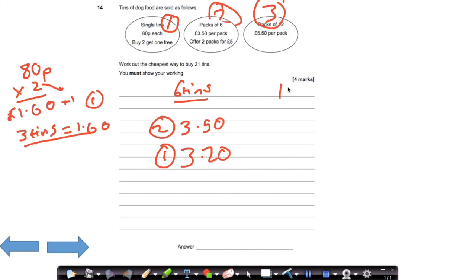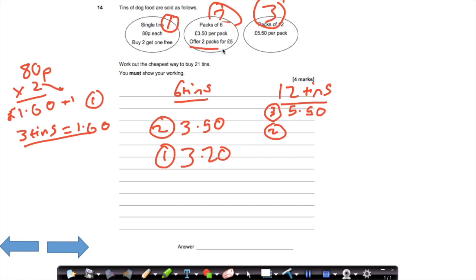So for our second mark, let's compare all 3 offers. I'll squeeze in number 3 at the top here. Number 3, packs of 12, £5.50 per pack. Is that going to be the cheapest way of buying 12? Well, offer number 2, we know 6 tins cost us £3.50. A big mistake that people might make is saying 12 tins is going to cost you £7, because if I double that, 6 times 2 is 12 tins, £3.50 doubled to make 7.